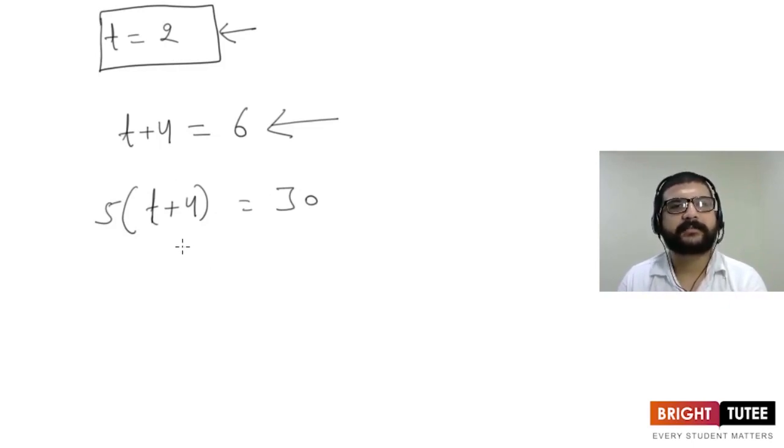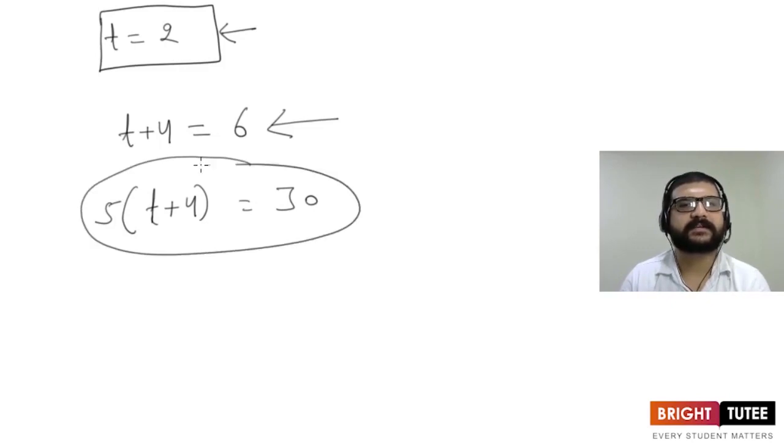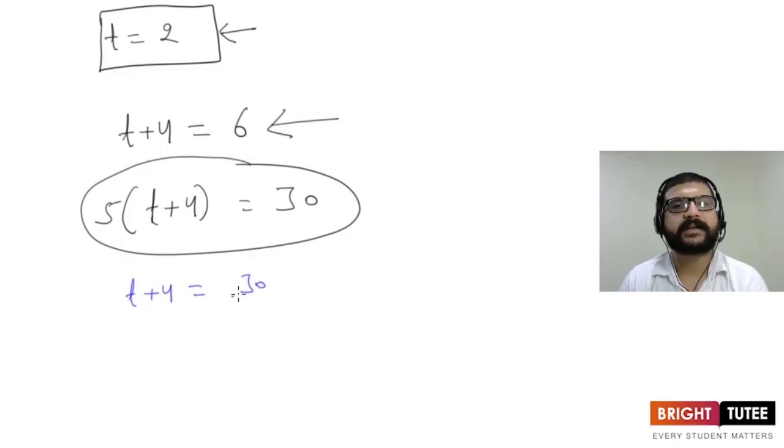Are we sure of that? Let's check it out. Let's try to find the solution of this equation. So when we solve this equation, first we have to transpose this 5 here. This 5 is multiplied with t plus 4, the variable term. So what we will get? t plus 4 is equal to 30 divided by 5.